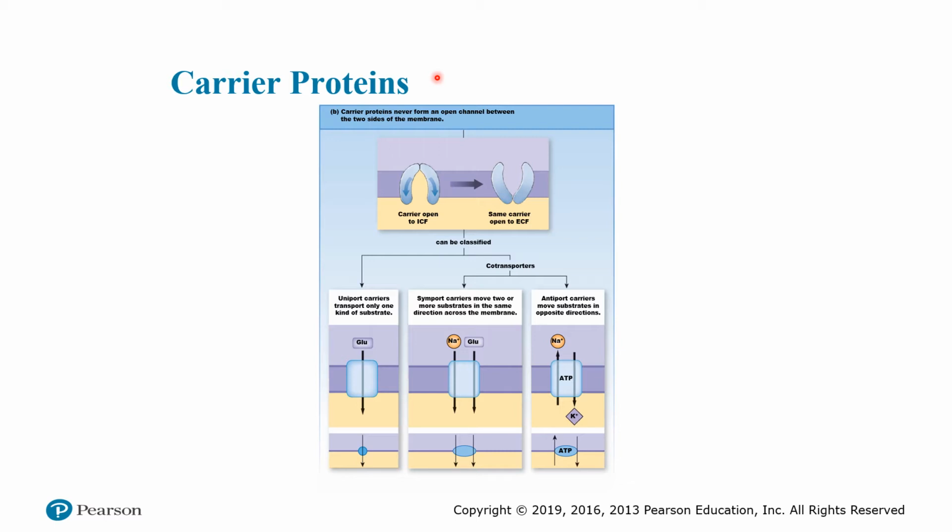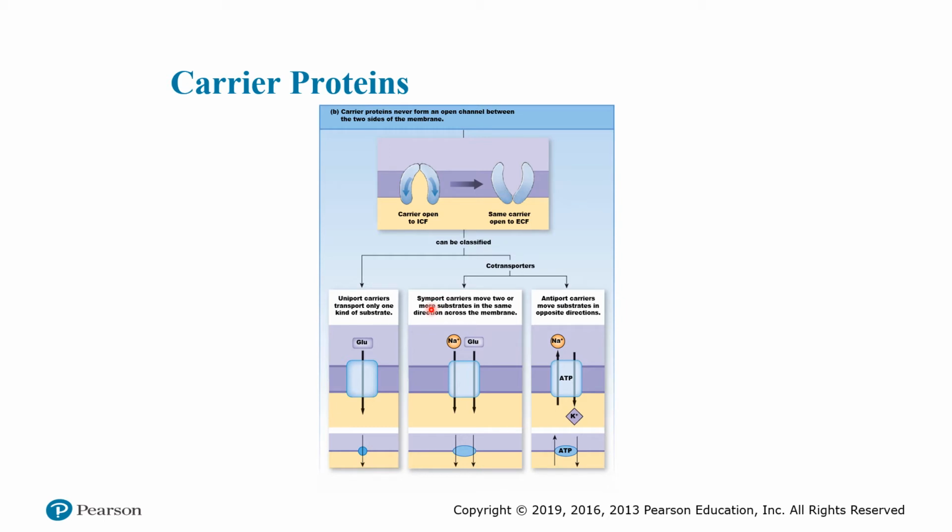They're much slower due to that conformation change that they have to go through. Some of these carrier proteins are known as uniport carrier proteins because they only allow one substrate to pass through them. Whether this molecule is going to be passing into or out of the cell, as long as it's one substrate passing through, it's known as a uniport.